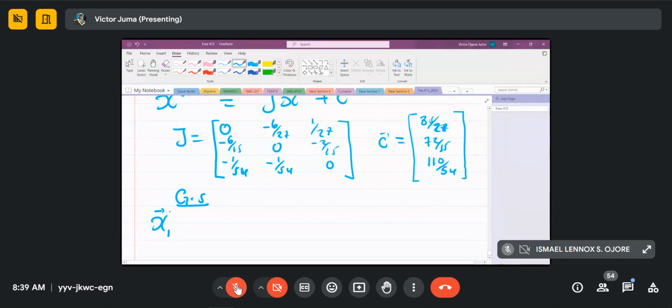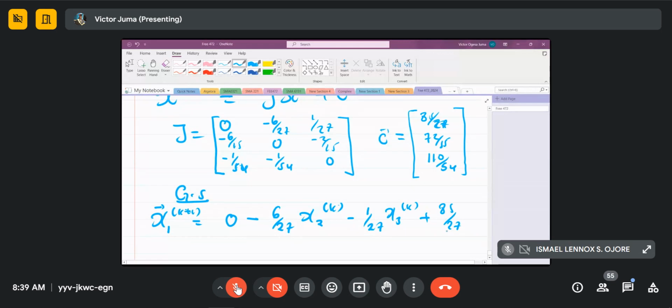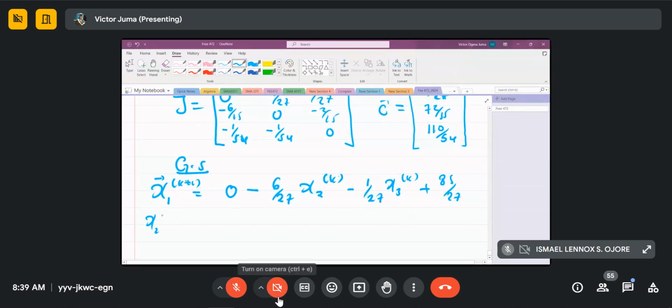If you want, you can also put it in terms of L and U, whichever you want. So x1^(k+1) is the same as 0 minus 6 over 27 x2^k, and then minus 1 over 27 x3^k plus 85 over 27. And then x2^(k+1) will be the same as what? That's negative 6 over 15.